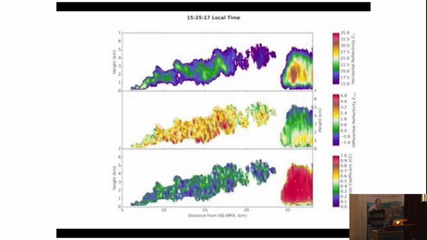The top one is our traditional reflectivity, which relates to the intensity of the targets it's sampling. The one below that is related to the geometry, so the higher the value here, the more elongated the particles are in the horizontal sense. And the bottom plot relates to how coherent, or how homogeneous, the signal is, where we have the smoke having a very low value.